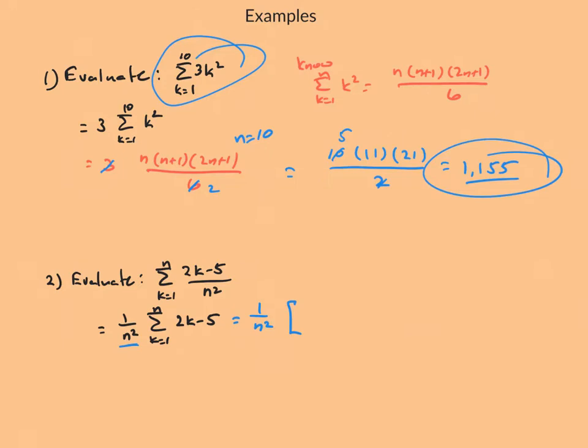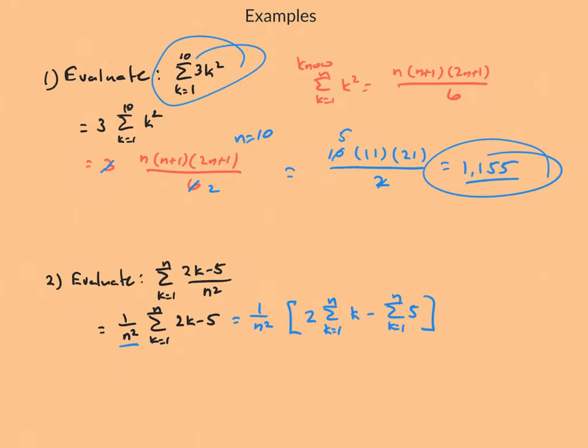the sum as k goes from 1 to n of 2k minus 5, which is going to be 2 times the sum as k equals 1 to n of k minus the sum as k equals 1 to n of 5. So now on this problem, I can go and use my formulas.